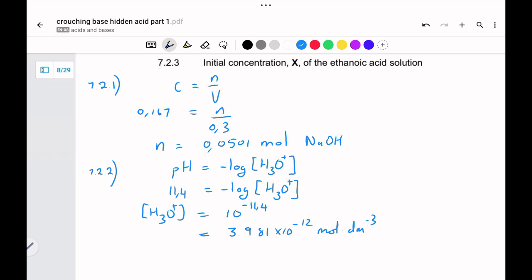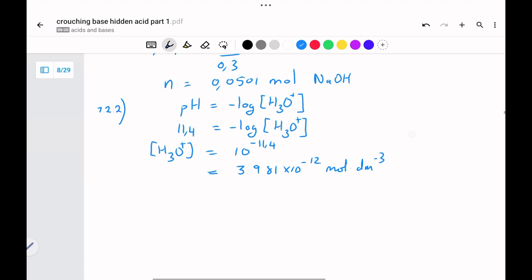I can actually just work with this, but I want to store this number in my calculator. Okay, so now we use this formula, the autoionization of water, to go from this concentration to this one.